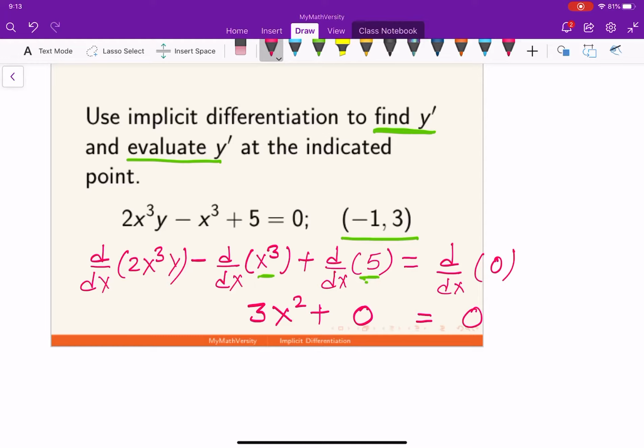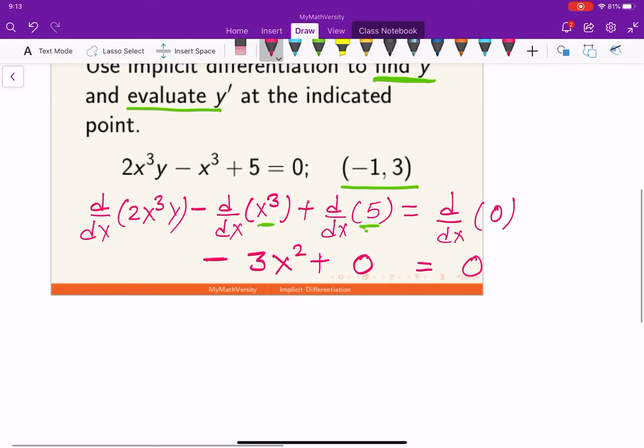Then we carry the minus sign over, and now we just need to focus on the derivative of the first term, 2x cubed times y, where y is a function of x. So this is 2x cubed, a function of x, times y, a function of x.